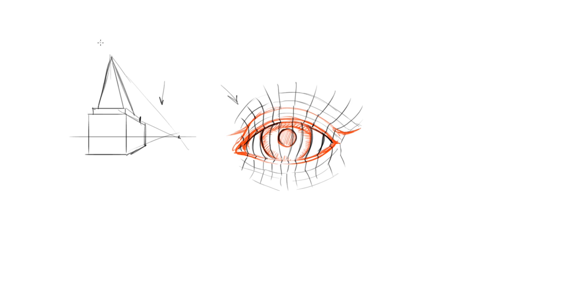This effect will help you get a better idea of rounding out forms in a 2D space. Like the same thing. Now that I'm looking at this eye, I can come over to the side here and even quickly, more quickly than I normally would, I can sketch out another perspective of the eye, and I'm using this as my reference.